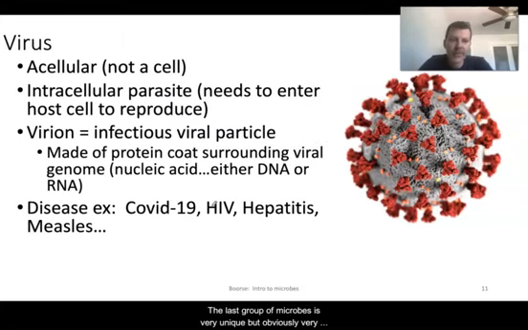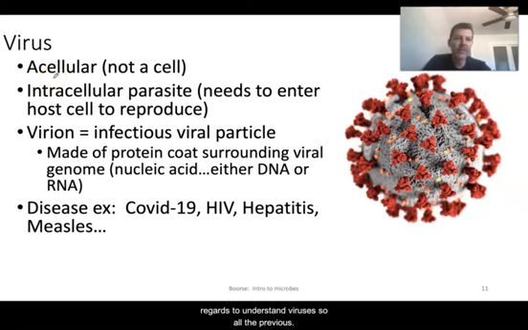The last group of microbes is very unique, but obviously very important in infectious disease. So viruses are classified as microorganisms. And the first thing that's listed here is really important in regards to understanding viruses.